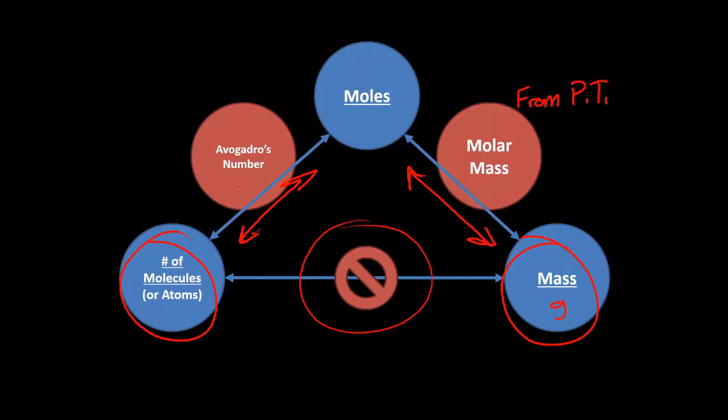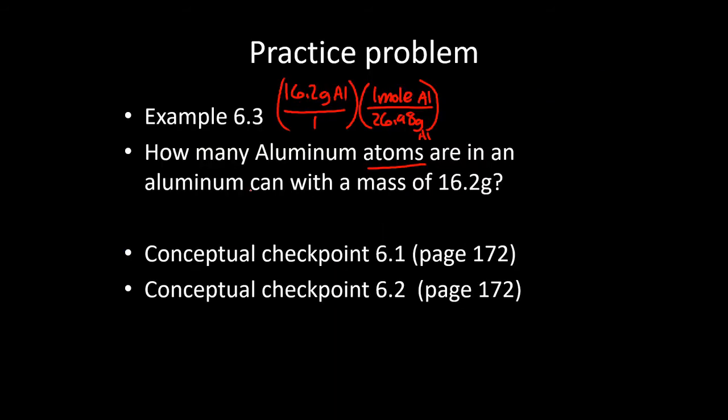I need to use the second conversion factor, Avogadro's number, to figure out how many atoms that would be. And Avogadro's number is the same for everything. So if we have 1 mole of aluminum, we would have 6.022 times 10 to the 23rd atoms of aluminum. If we were doing this with a molecule instead of an element, it would just be that number of molecules instead of atoms.